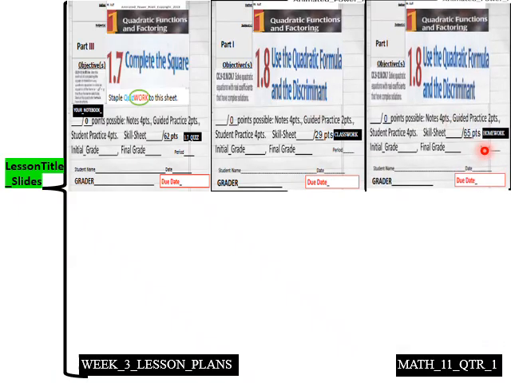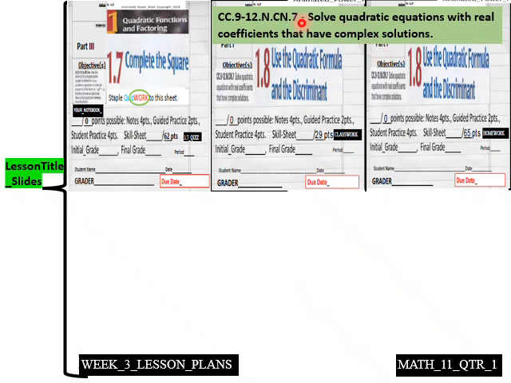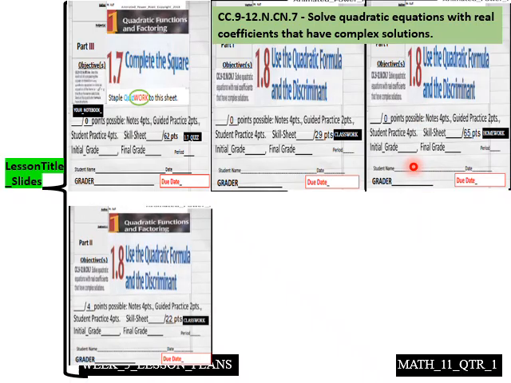And then our homework is 65 points for 1.8 part 1. And this is our standard here, N.CN.7: solve quadratic equations with real coefficients that have complex solutions. So that's a standard covering this.